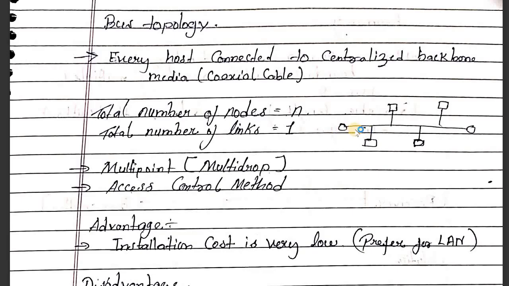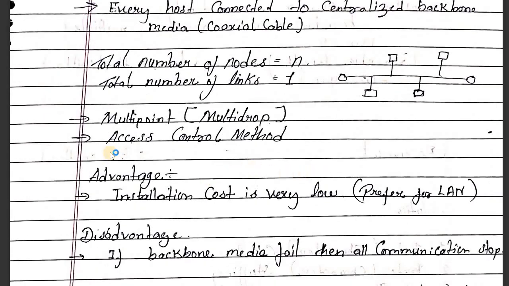The data transmission is done by the coaxial cable, and from this coaxial cable there are branches which act like nodes. From the nodes we can access the data. There is a multi-point, meaning multiple drops, and we can access the data on the bus topology connection.